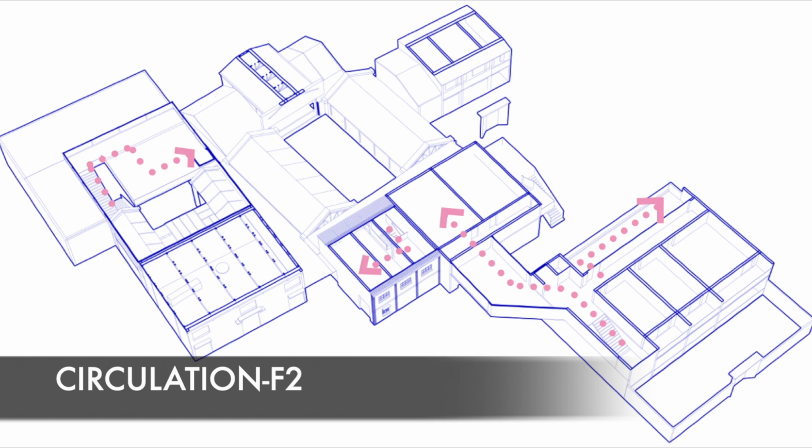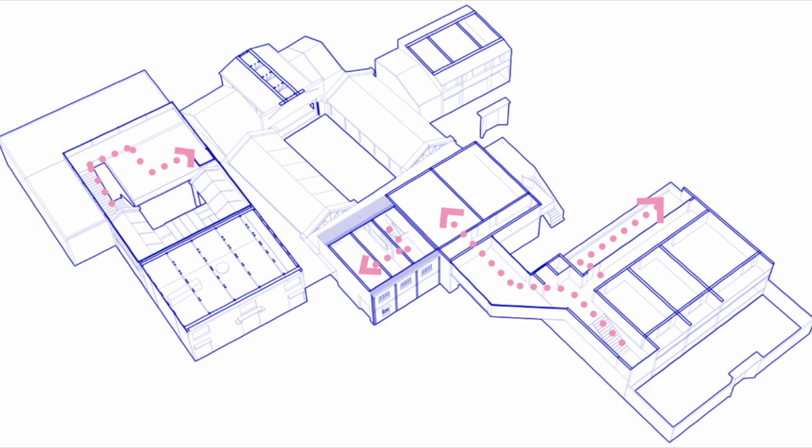And this is the circulation diagram of my second floor. The second floor is museum and B&B. I use staircases to connect the first floor and the second floor of the museum, and I create a corridor to connect two parts of the B&Bs.